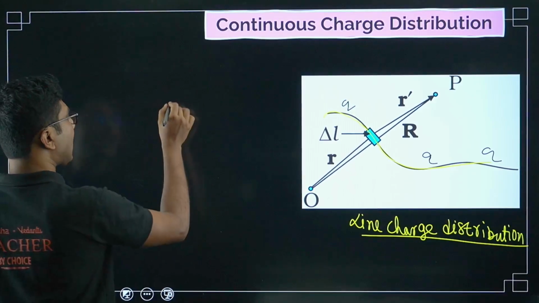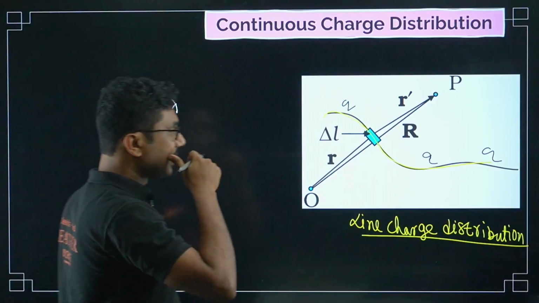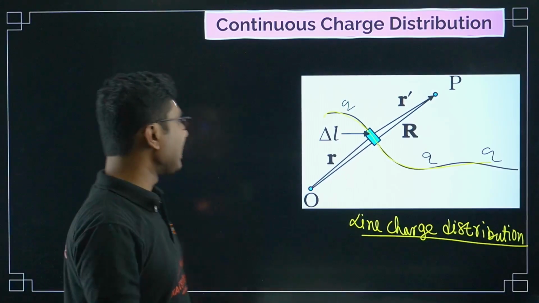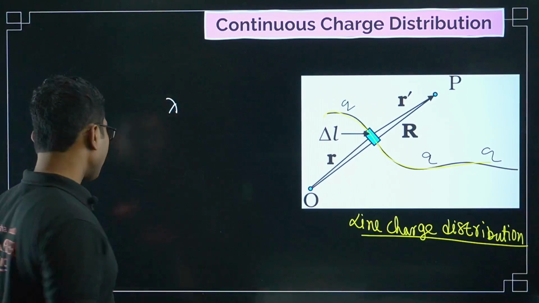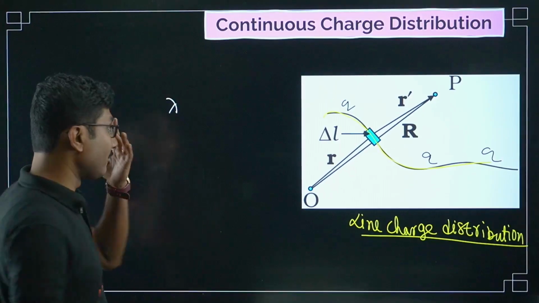Line charge distribution is generally represented by the symbol lambda.